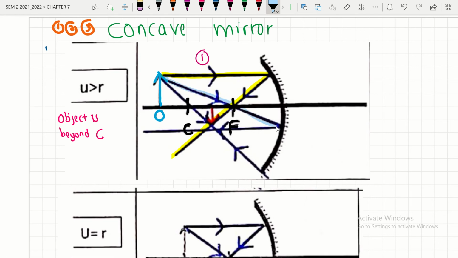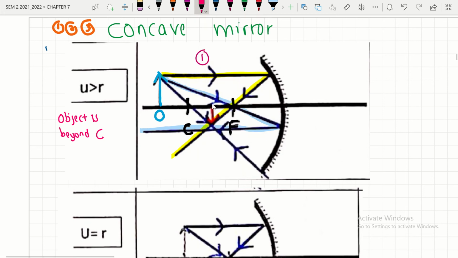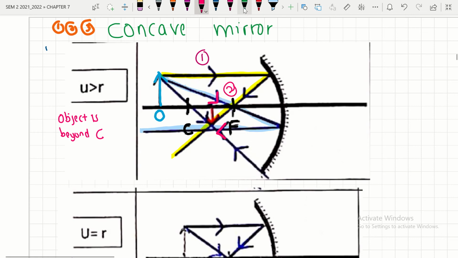Dia akan reflected parallel to the principal axis. So nampak tak? Dia pass through focal point and then dia reflected through principal axis. So ini adalah nombor 2. Ray diagram nombor 2.